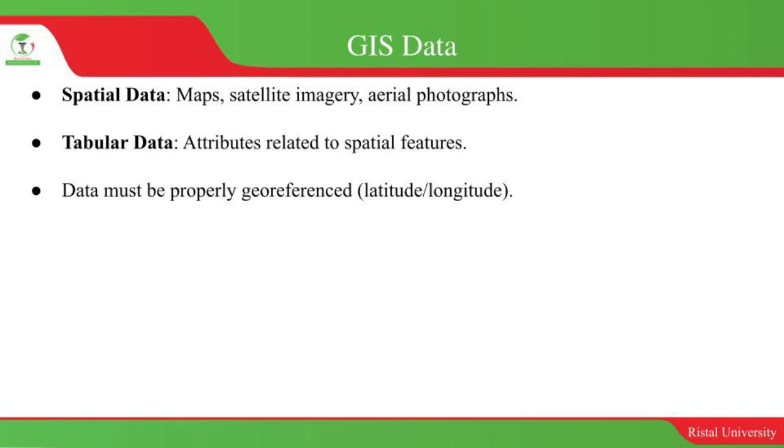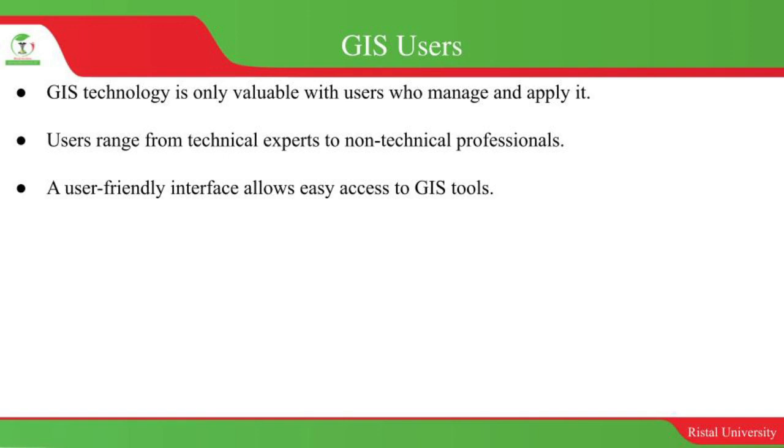We also have the GIS data, which is the spatial data that has the maps and the tabular data, that must be properly georeferenced. Then we have what we call the GIS users. And the GIS users, like we said earlier, are the GIS technologists who use this tool.